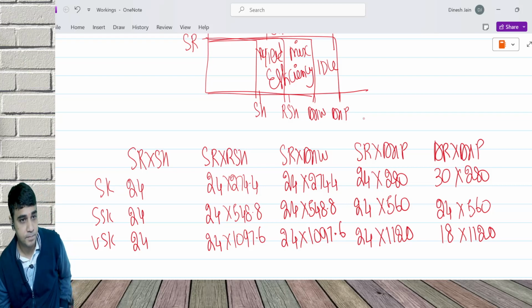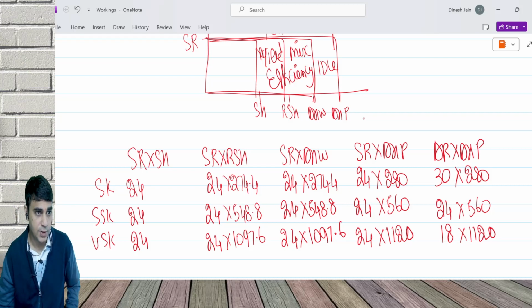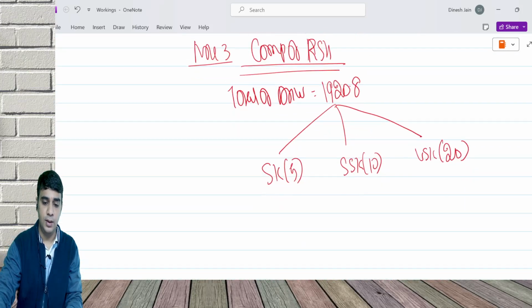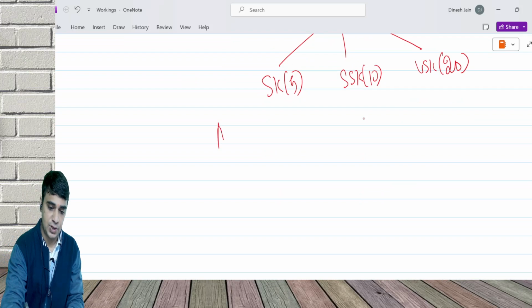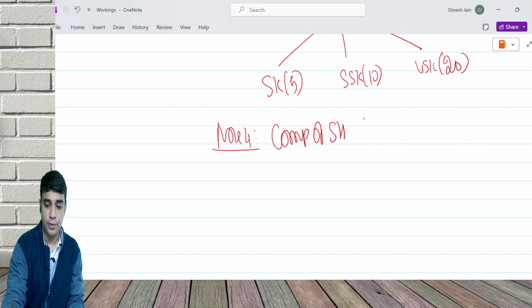Clear? Can you proceed? Any doubts on this? Next, note 3 or note 4, computation of SH.